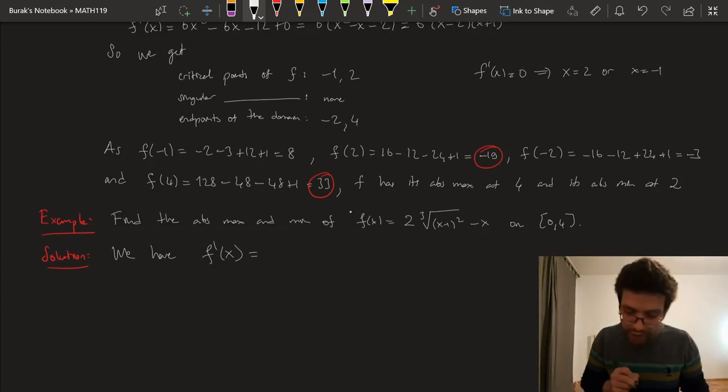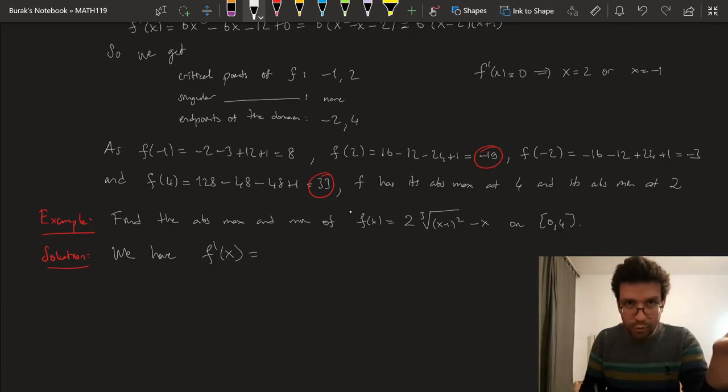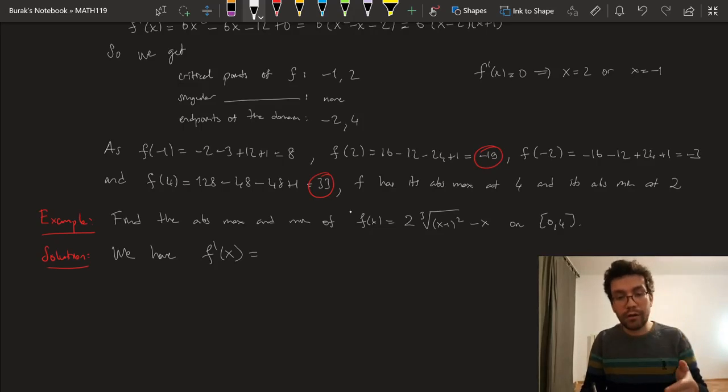Now, let's differentiate this. In order to differentiate the first term, I need to use chain rule. So this is like 2 times the composition of the cube root function with the function x minus 1 squared. The outer function is the cube root function. What's the derivative of the function t to the power 1/3? It is 1/3 times t to the power minus 2/3.